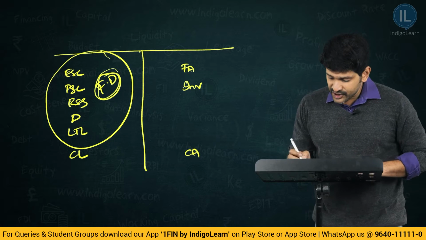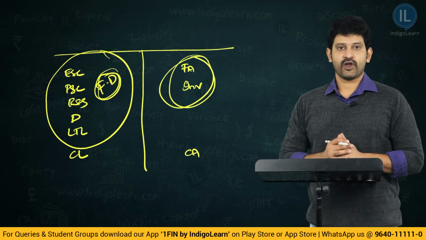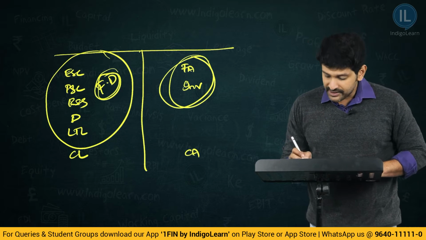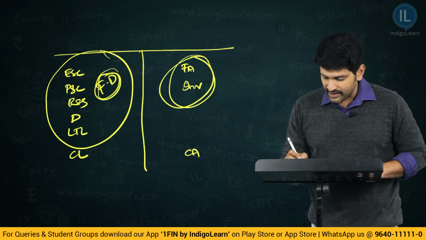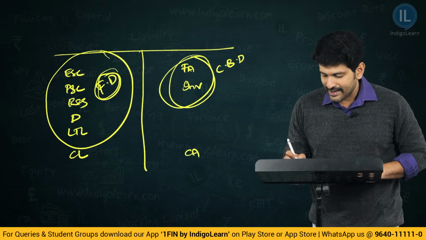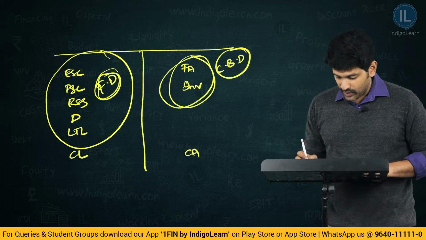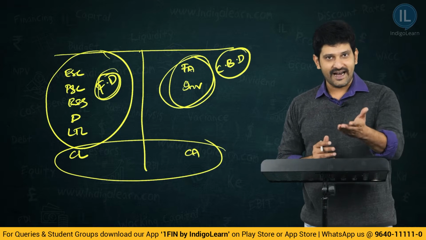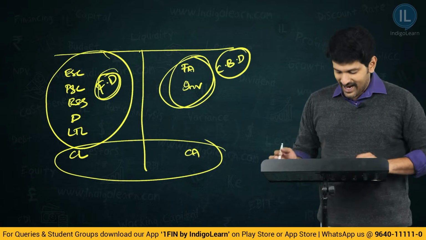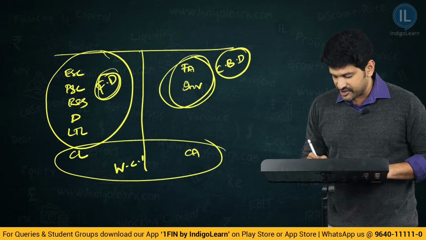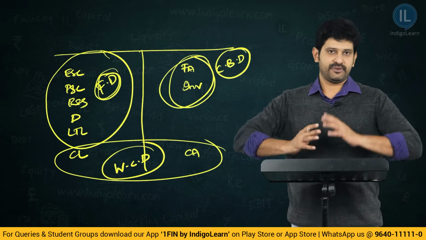And the decisions which are in connection to the investments are called investment decisions or capital budgeting decisions. And the decisions which are connected to our current assets and current liabilities, in our language, working capital, are called working capital decisions or working capital management.